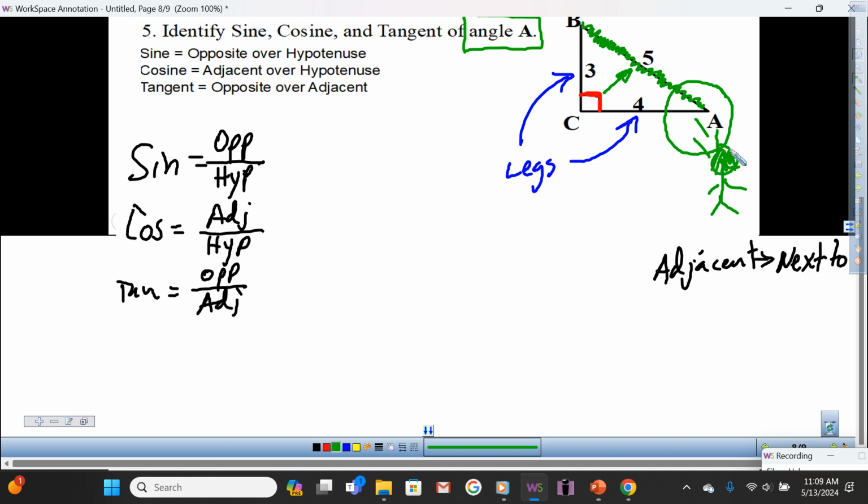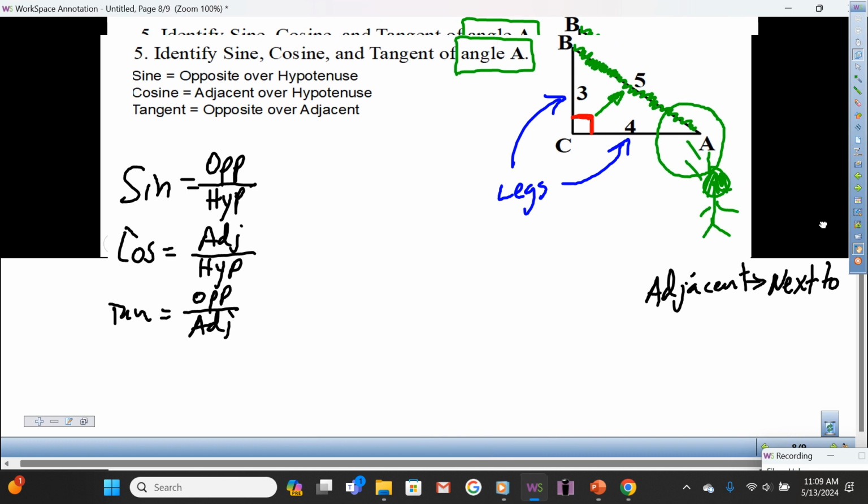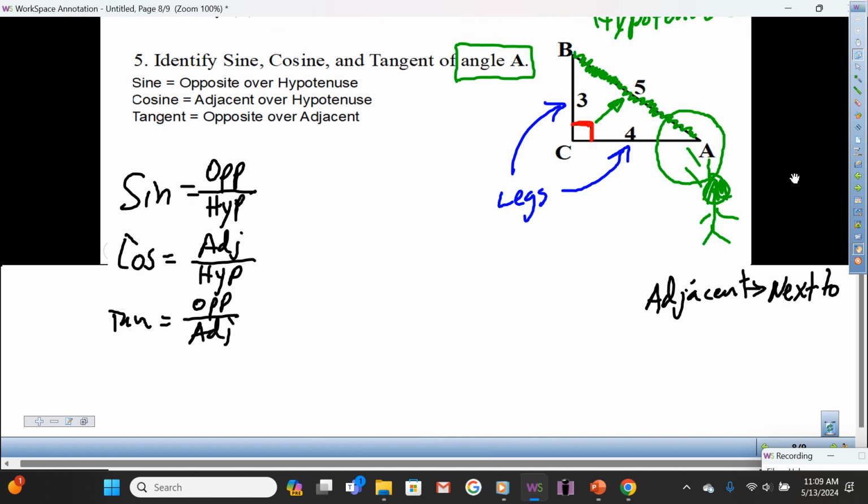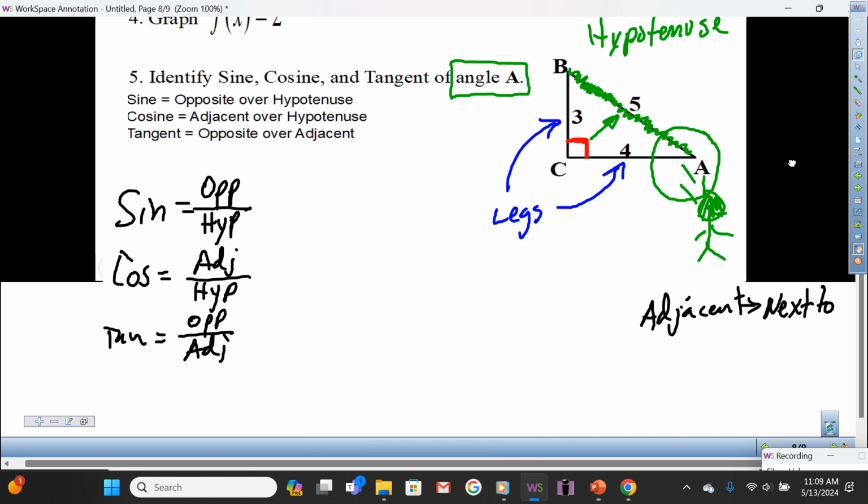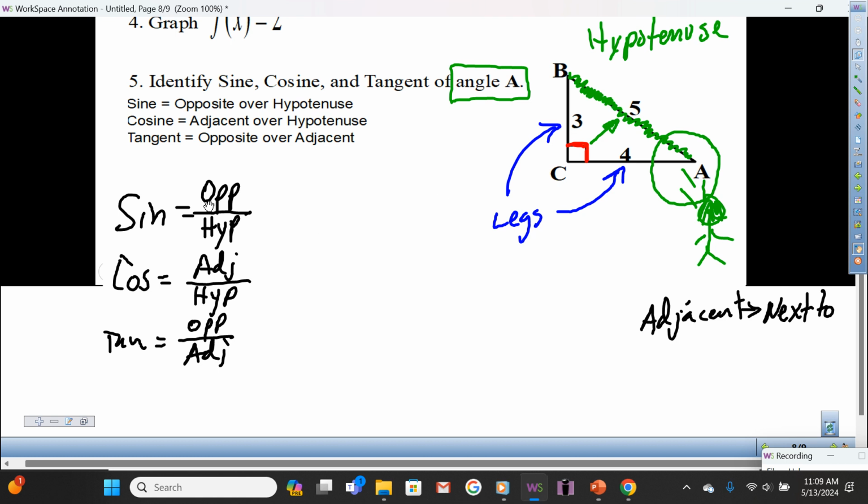Question. According to this person, what is next to them or adjacent. Adjacent. Now notice here on the formula, adjacent, focus, adjacent is next to this person.